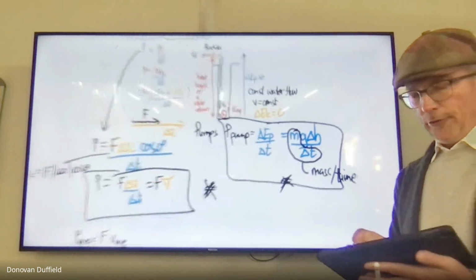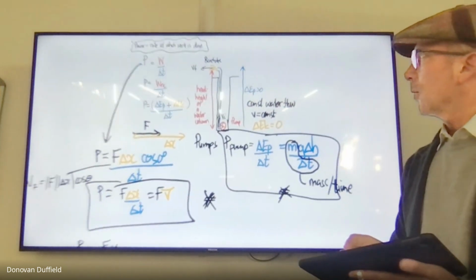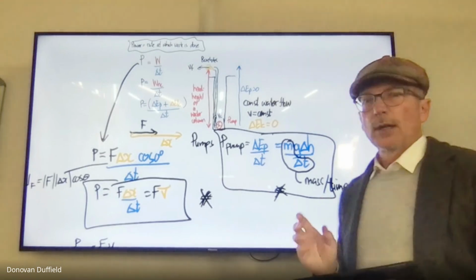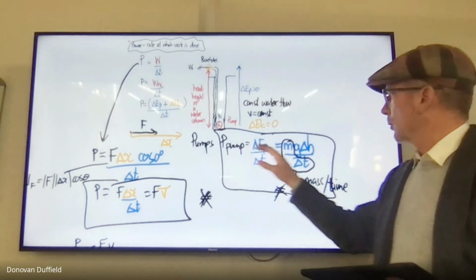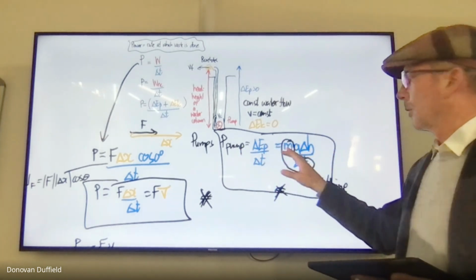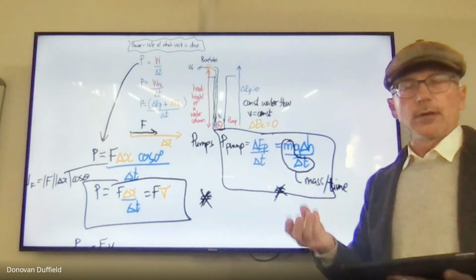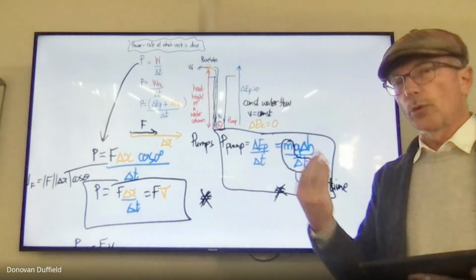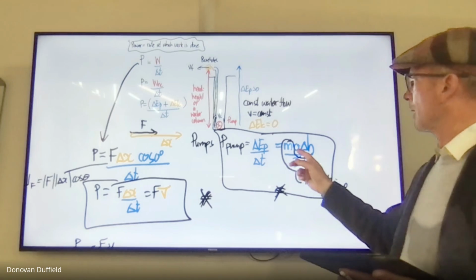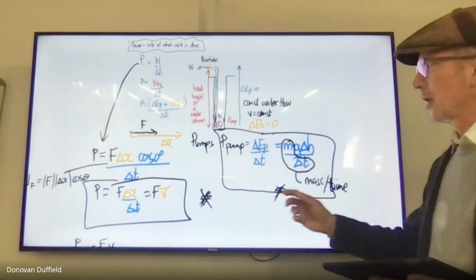So if we look here, when it comes to power, if we're dealing with a pumping system, we could be working with something like this, where you're given the rate of delivery, the amount of volume per unit time, or the amount of mass of water per unit time, times g times the change in height.